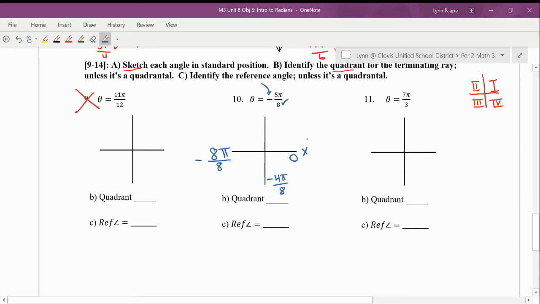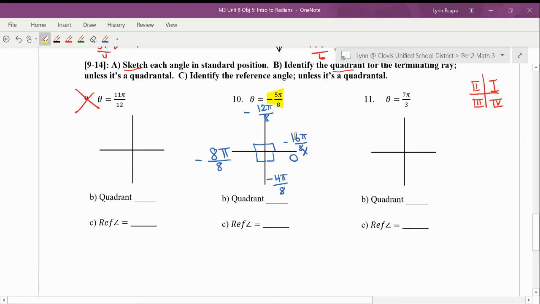And then now we're going to count by 4s. So this is 4 pi over 8, and then another 4 would be 8 pi over 8. Another 4 would be 12 pi over 8, but of course negative. And then another 4 would be 16 pi over 8 and negative. So now I want to figure out where does negative 5 pi over 8 land, right?